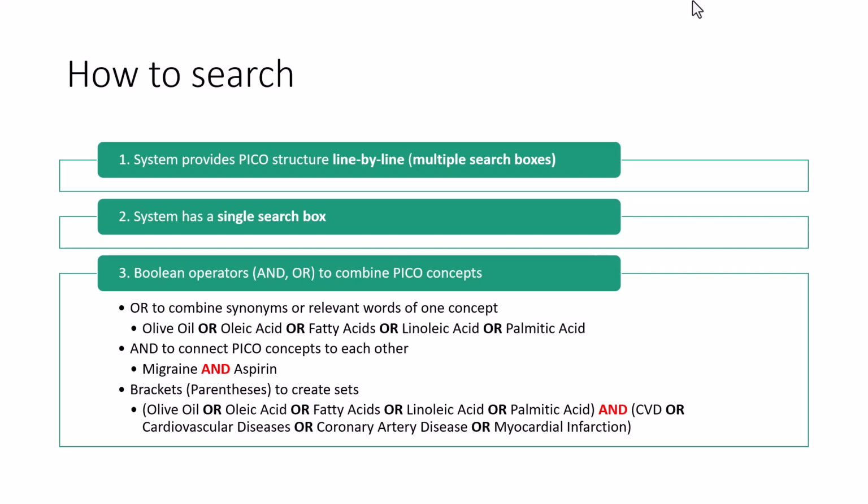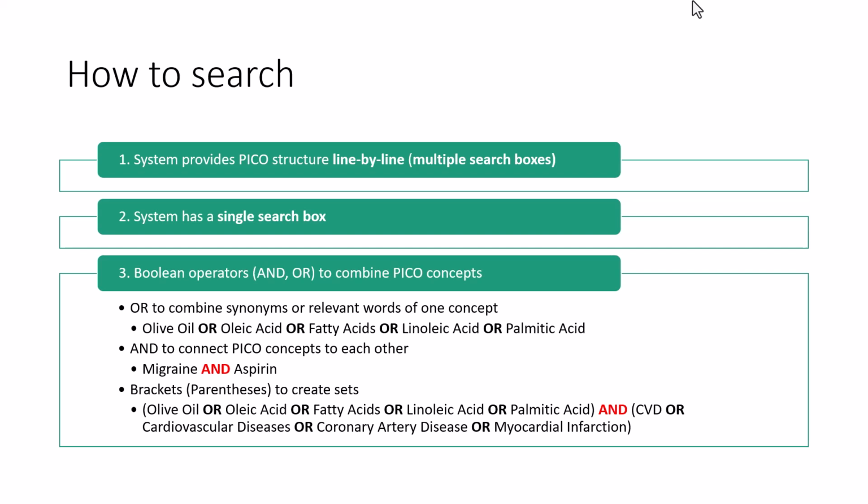You just put your PICO items, each one of them, in the designated search box, and that's it. But sometimes you have a single search box. In those cases, you need to put all of these elements that you want to search, either P, I, or more elements, in a single box.